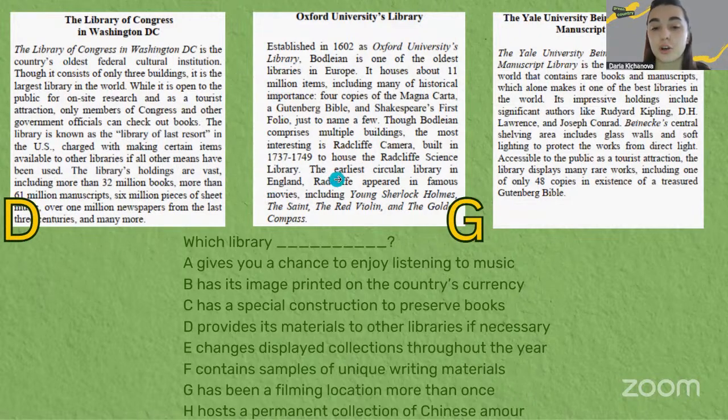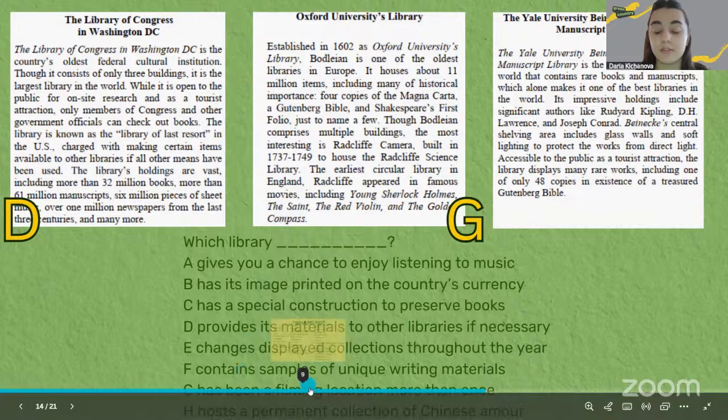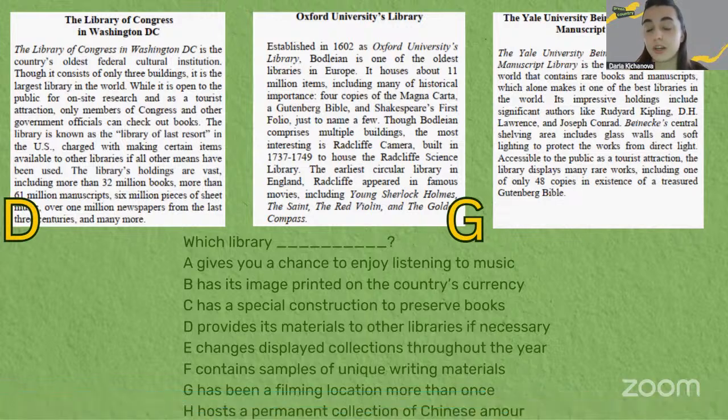Here we have the earliest circular library in England appeared in famous movies, including Young Sherlock Holmes, The Saint, The Red Violin, and The Golden Compass. So we can see that it has been a filming location more than once. We understand that it wasn't like the one film.